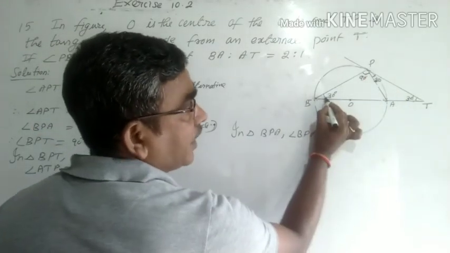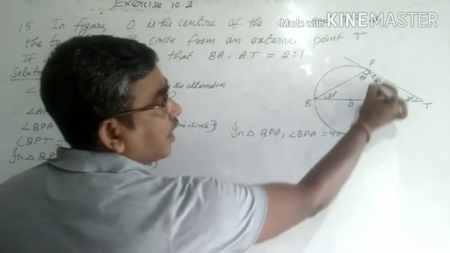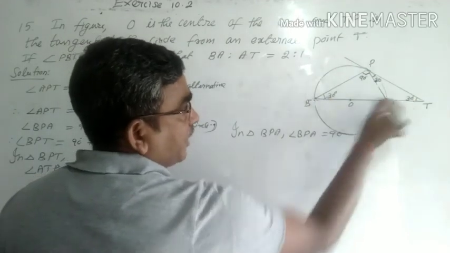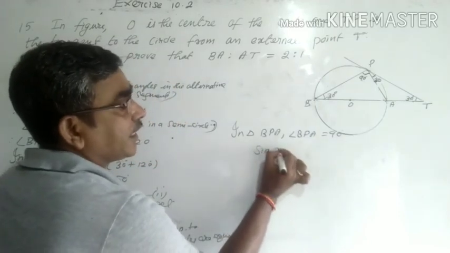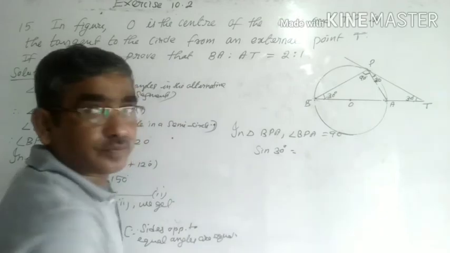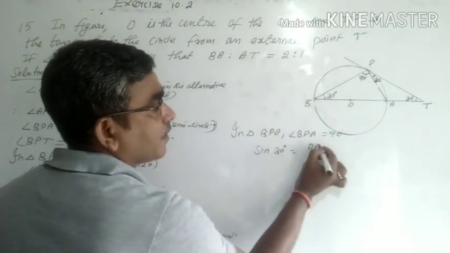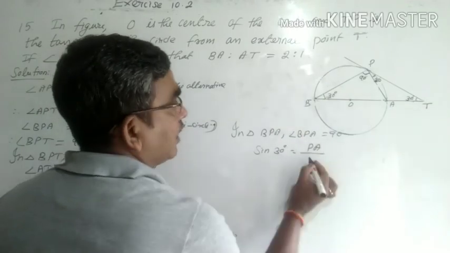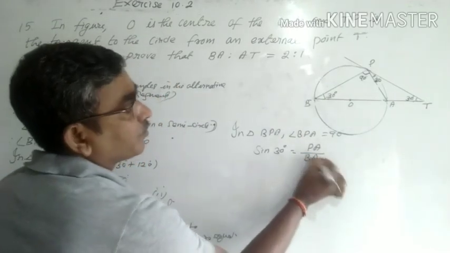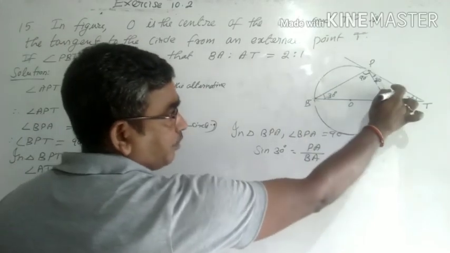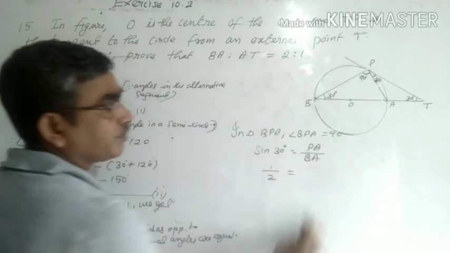As per angle 30 degree, PA is the perpendicular. I am going to compare the perpendicular to the hypotenuse, so that equals sine. Sine 30 degree is equal to perpendicular PA to the hypotenuse BA. Sine 30 equal to PA by BA. Sine 30 value we know is 1 by 2.